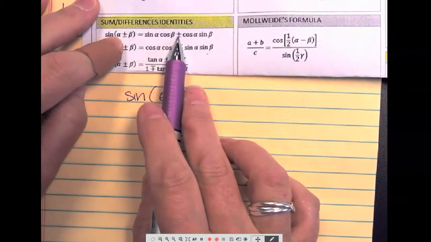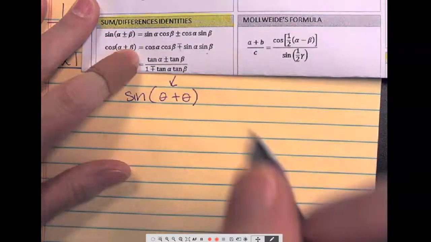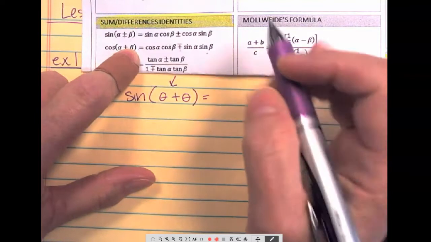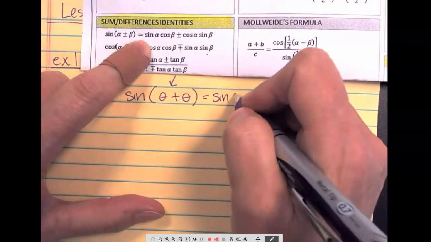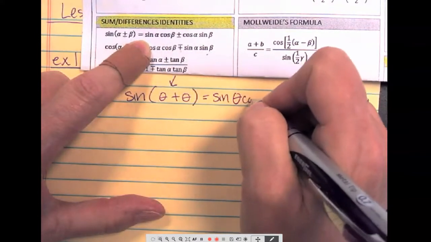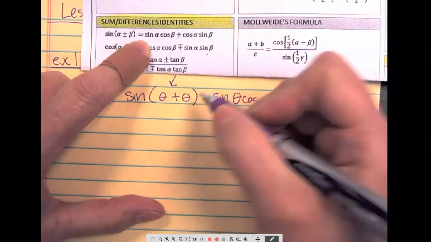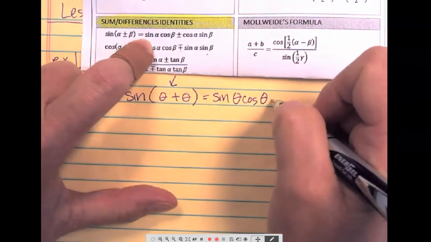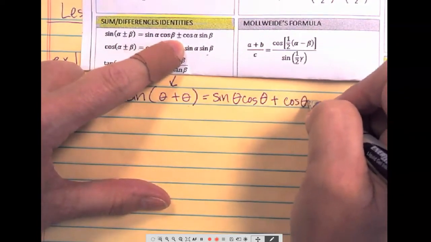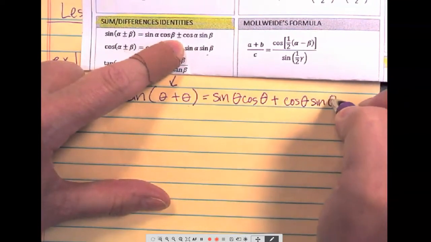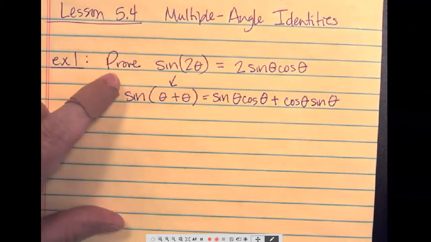So when I get over here, I will also use a plus. Okay, so using this identity, it will be sine of the first angle, which is theta, times cosine of the second angle, which is also theta, plus cosine of the first, which is theta, and sine of the second, which is theta.